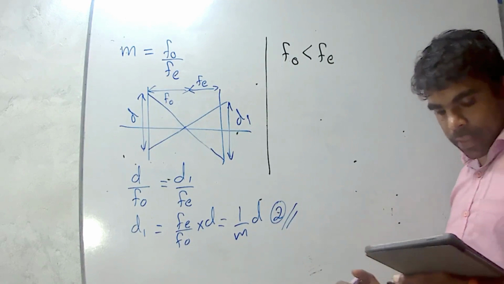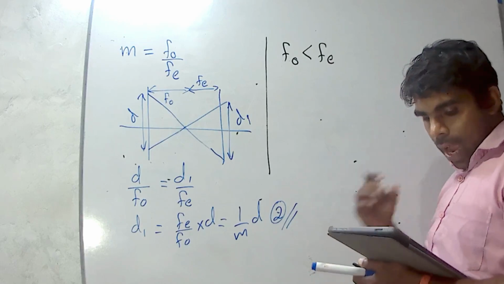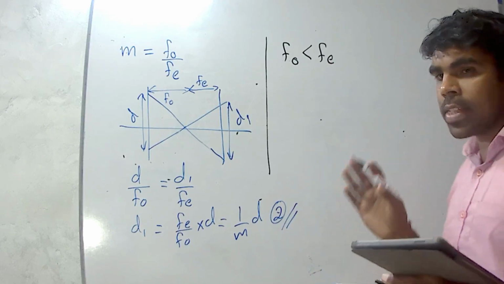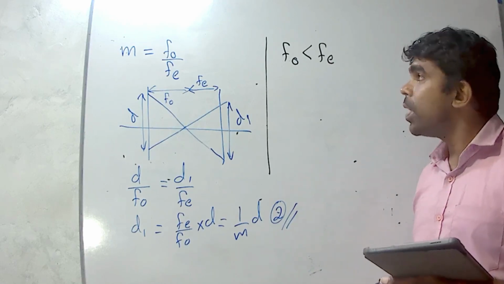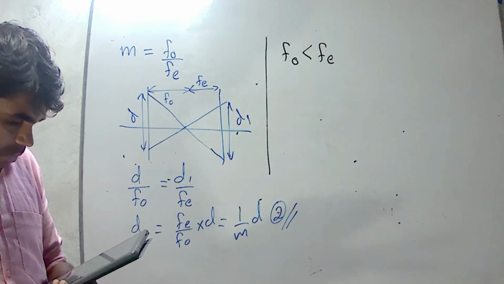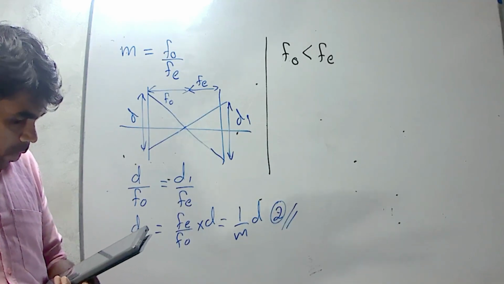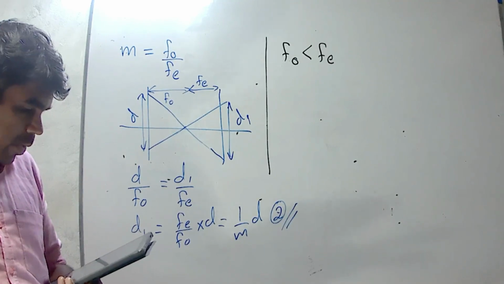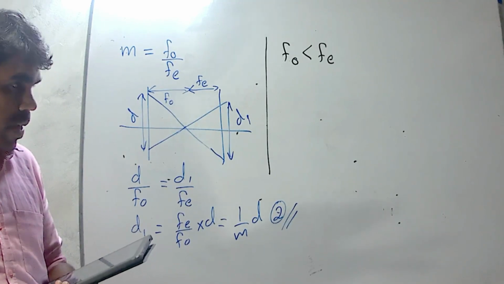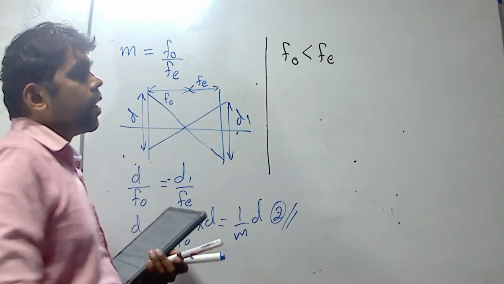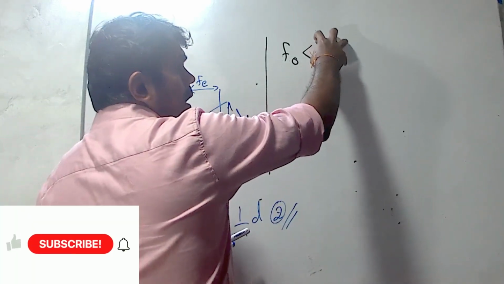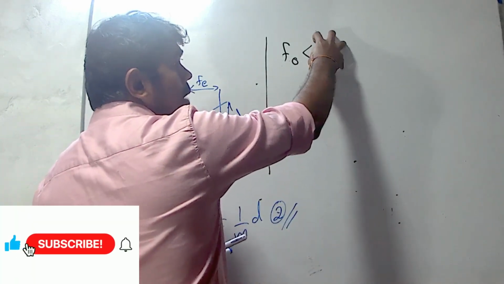Now they have given that the focal length of the eyepiece lens is a constant value. Therefore, we have to find the focal length to get the maximum magnification. Then we have to decide the maximum fe value.